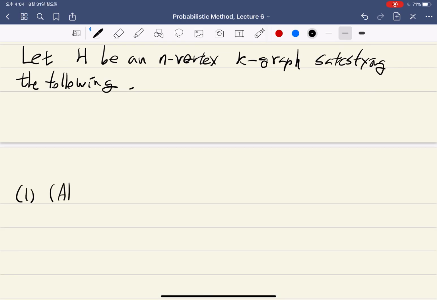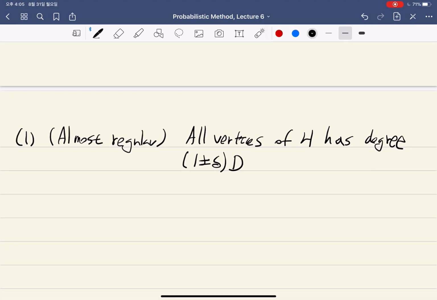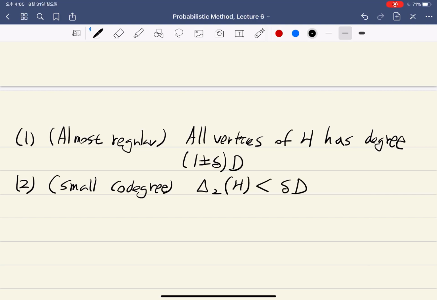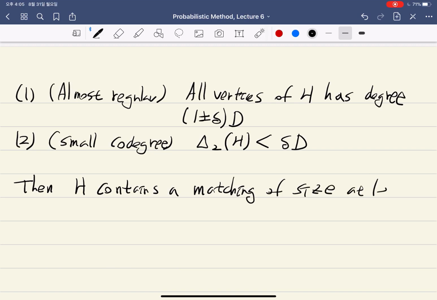One, it is almost regular, meaning that all vertices of H have degree 1 plus minus delta times D, and it has a small co-degree, that the maximum co-degree is smaller than delta times D. Then H contains a matching of size at least 1 minus epsilon times n over k.